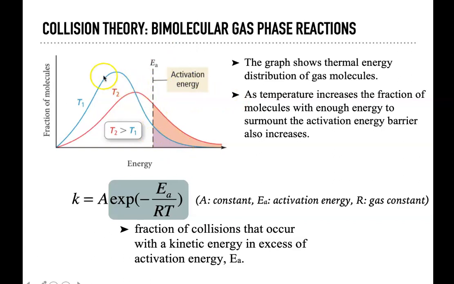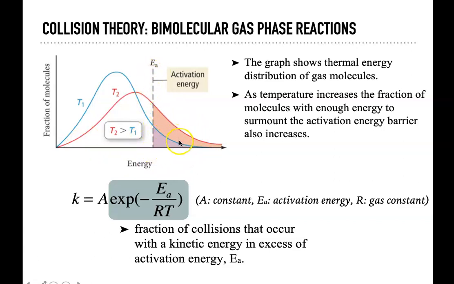Now we raise the temperature up to T2. Then this distribution of energy changes to a higher average kinetic energy of the molecules, so more widely distributed. Still, a small portion of molecules are lazy enough to be moving slowly, but more molecules now have gained kinetic energy enough to overcome this activation energy.